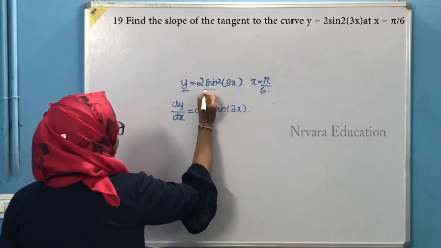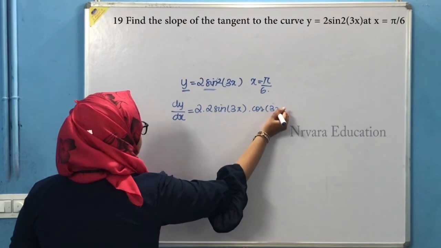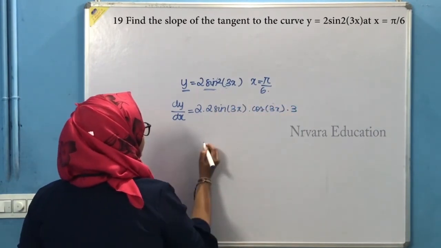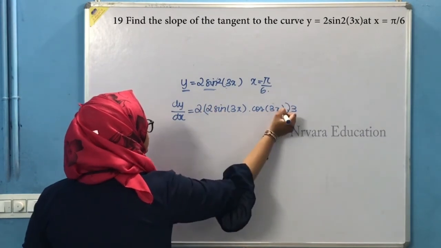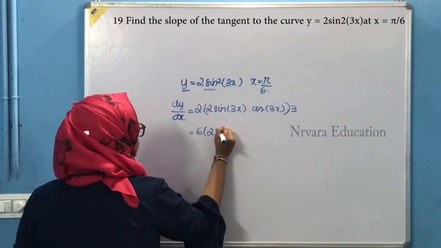Now, we differentiate this, so we get cos 3x, then we differentiate this into 3.